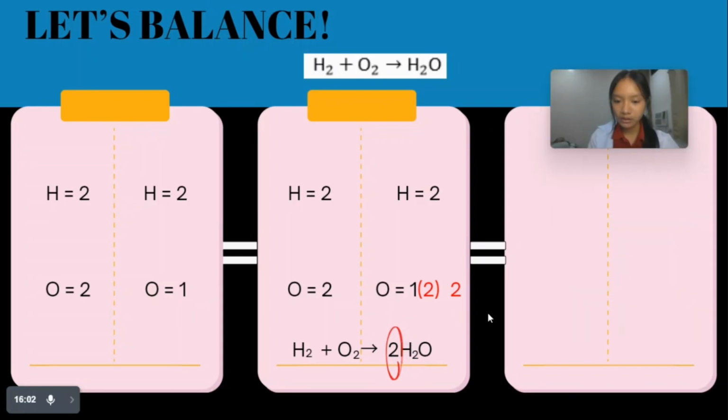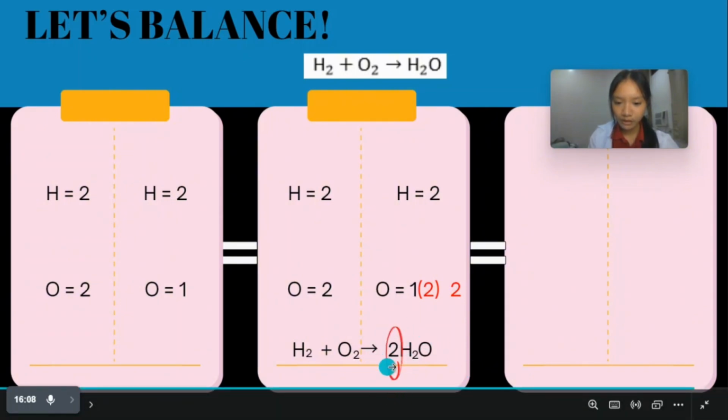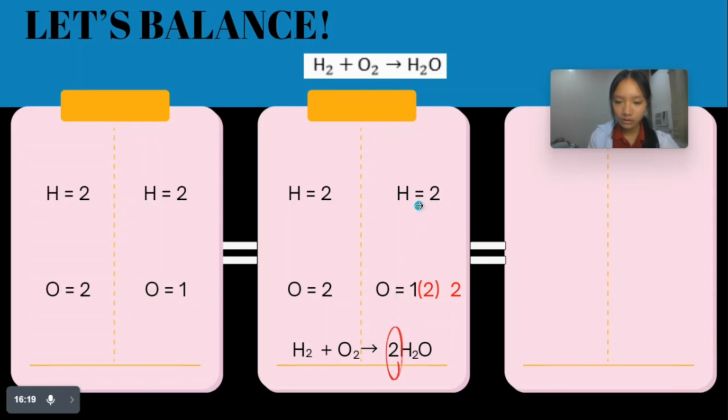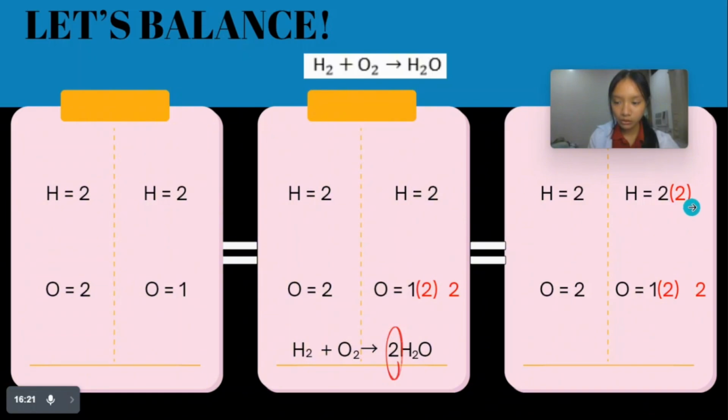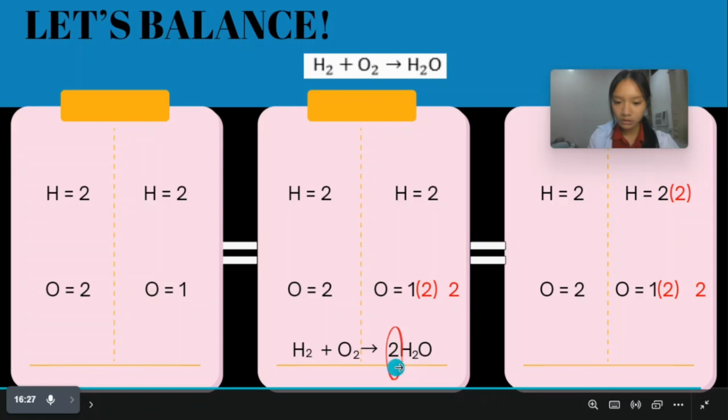Okay, next, since the hydrogen is also affected here, let's also put a multiplier 2 here because it will also be multiplied by 2 as it is 1 with oxygen.